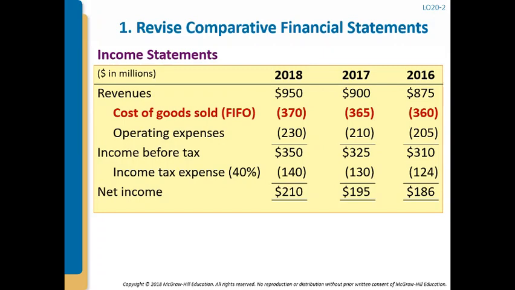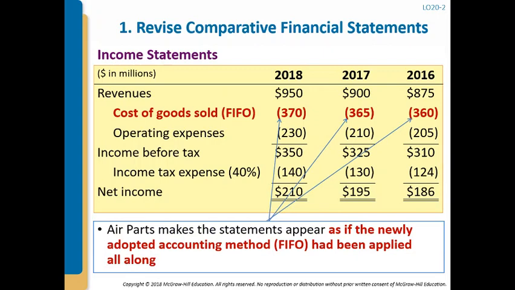And so note here, you've got income that's higher. They've got FIFO listed in here as if it was adopted from the beginning.